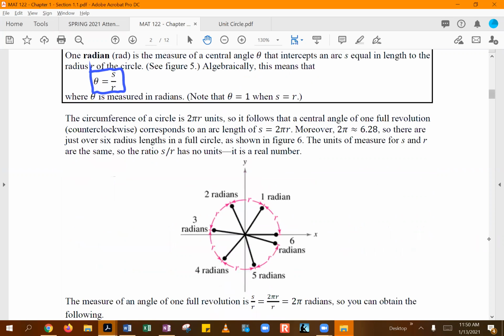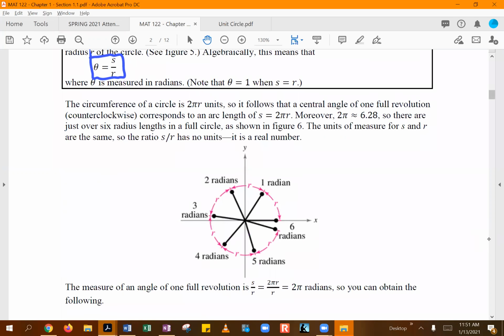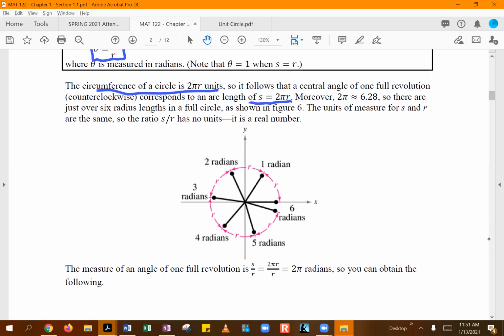So again, when we're talking in terms of these angle measurements, keep in mind, the circumference for a circle is 2 pi r. That's going to be that outer edge. You can kind of think of that as the perimeter of your circle. So they're saying it follows that a central angle of 1 full revolution, when you go in the counterclockwise direction, would then of course end up being that whole arc length for your circle will end up becoming that circumference of 2 pi r.